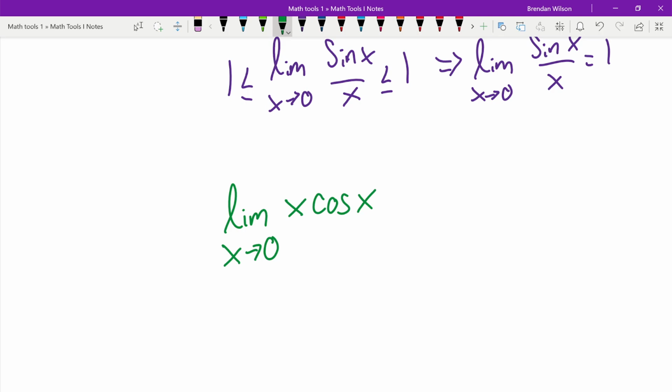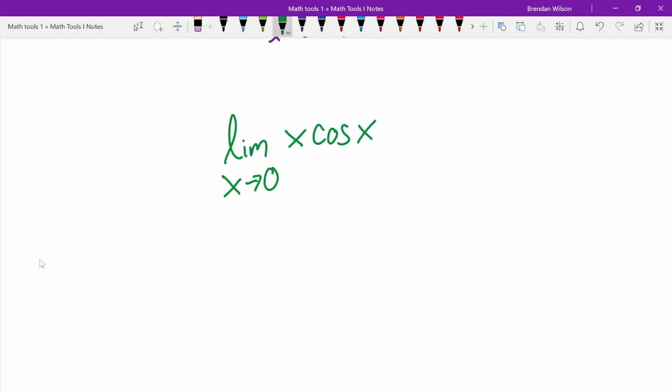If we plug it in, you don't really need to use the squeeze theorem here. You could just use direct substitution and get 0. But it's usually proper to show with the trig functions that this does indeed work, just because these are special functions, so maybe we don't want to rely on direct substitution. The idea is that cosine of x is less than or equal to 1 and greater than or equal to -1.